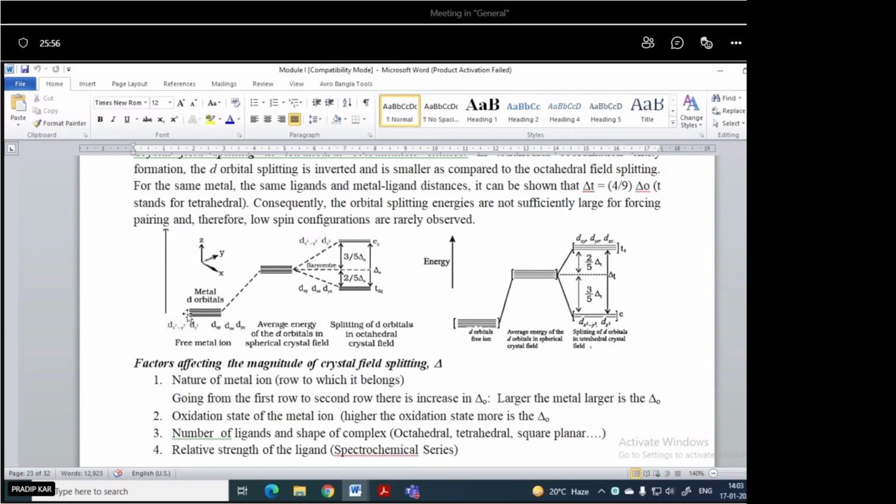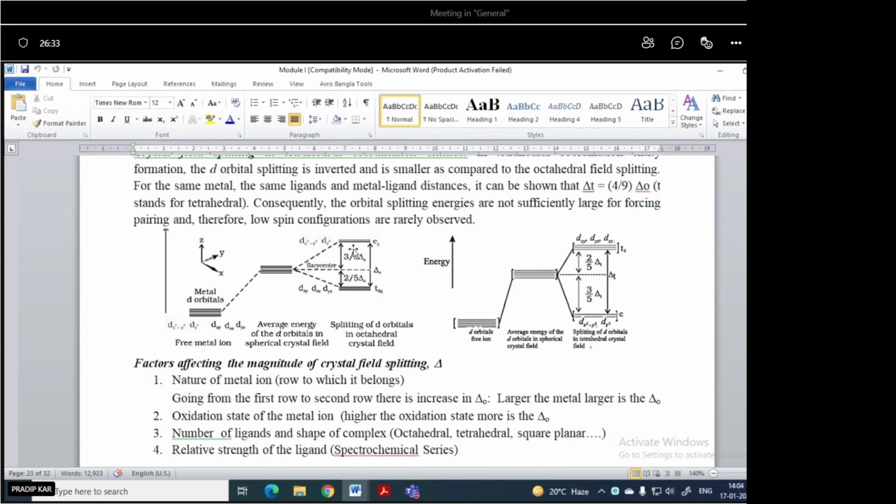First, the metal has the d orbitals in the ground state, as a free metal ion. When the ligand approaches, the energy increases due to interaction with the metal ion. Then the splitting occurs after this energy increase. This is known as the barycenter: after the interaction with the metal ion, the energy increased, and we consider this as zero energy.